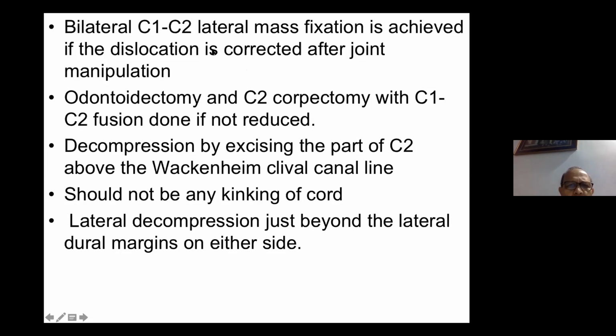Because you have already removed the anterior soft tissue in front of C1, C2, and the facet joint has been opened. So the majority of these cases reduce.